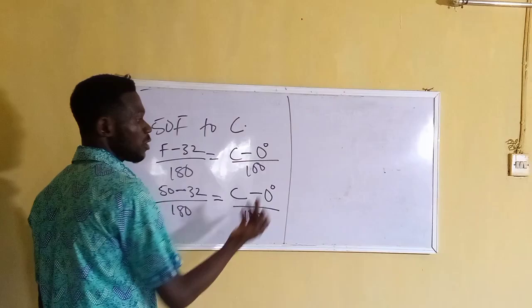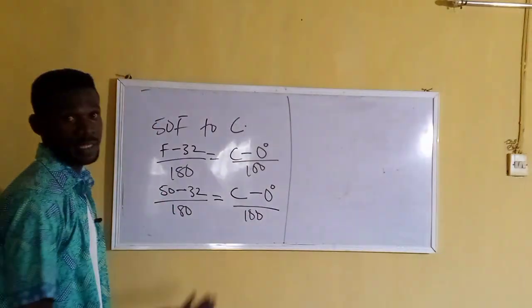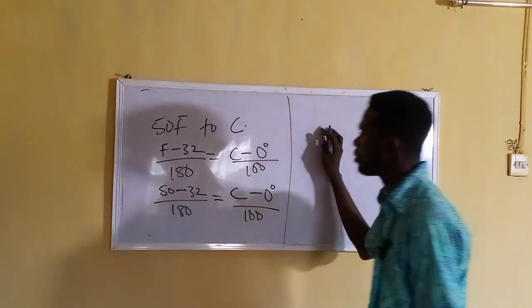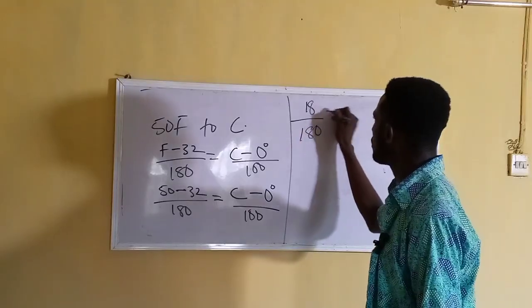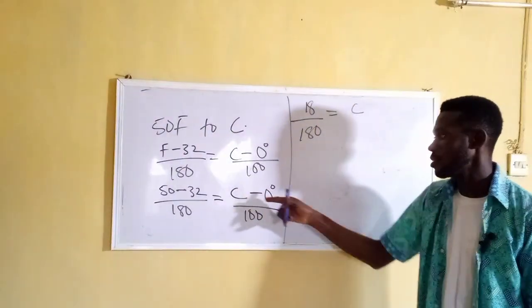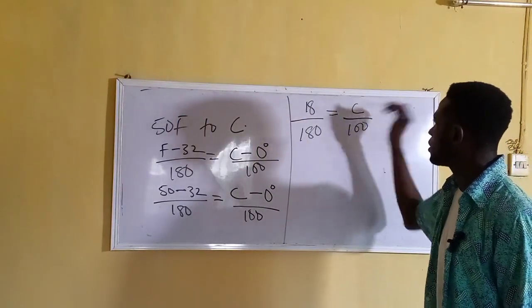Now, you know that C minus 0 degrees is still C, so we can write it as C. When you proceed further, this is going to give you 18 over 180 equals C over 100.